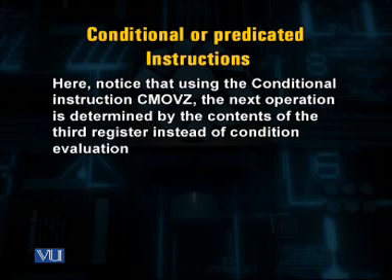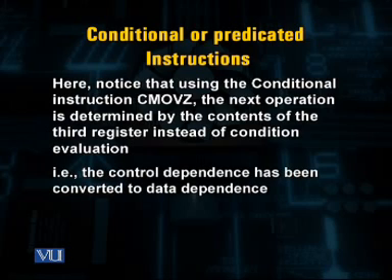So basically, this process is equivalent to converting the control dependence into the data dependence. The control dependence means that the if condition's evaluation has been converted into the data dependence, that is, the contents of register R1 or the predicate register.